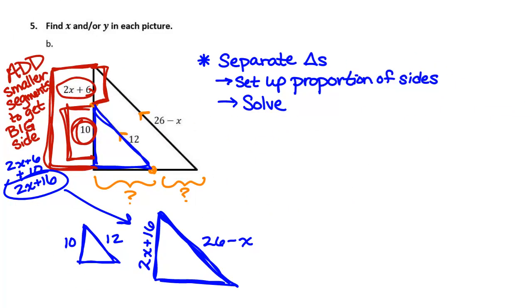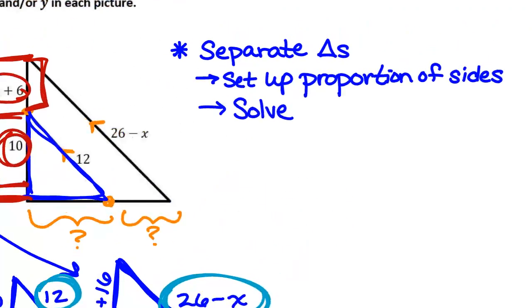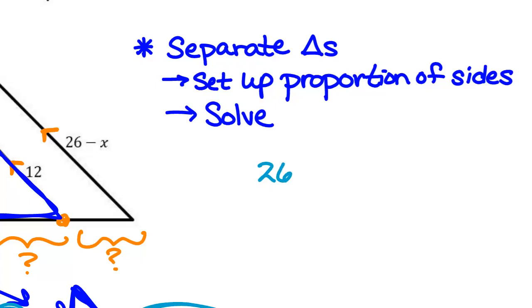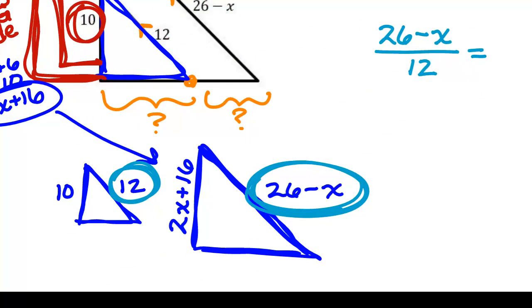So my proportion of sides. What would be proportional to 26 minus x on the other triangle? 12. So that's going to be one of my fractions. 26 minus x over 12 is equal to, what would my other fraction have to be then?